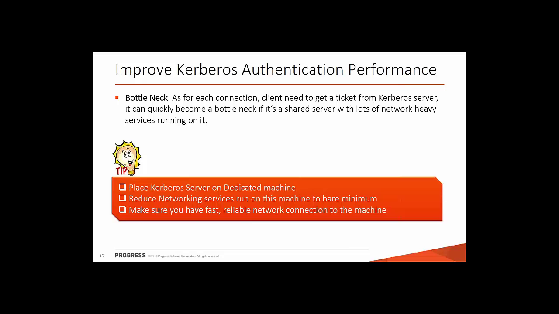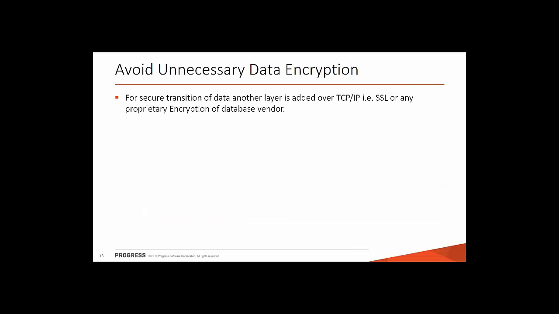When it comes to data encryption, it is usually a layer over your TCP/IP. That may be a proprietary encryption by the database vendor, or SSL. And there are two performance intensive steps there. One is the initial handshake.